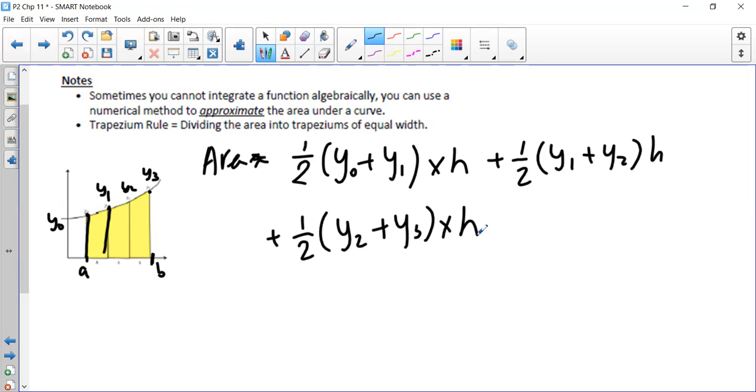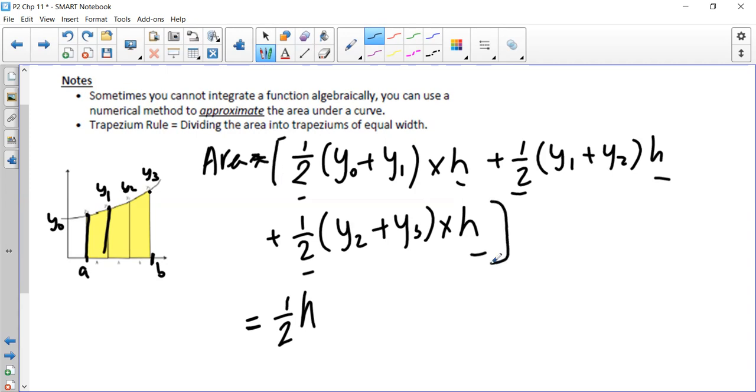Then, if we look at the algebra, we can see each term has a half and h, so why don't we factorize it out? So half h. One question you might be thinking: why do I put equals here, not roughly equals anymore? Because the roughly equal is there in the beginning, where we say the area roughly equals this expression.